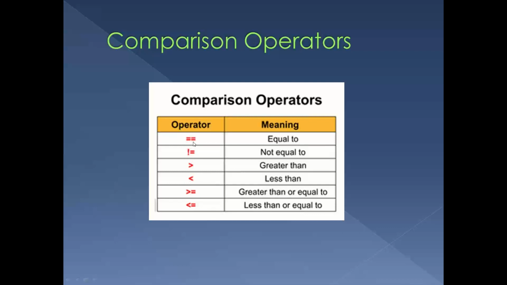Notice that when we did our assignments in the IDE, we used a single equal. Equal is equal to. Not equal to is the exclamation point, the negation symbol, and equal. Then the greater than, the less than, the greater than or equal to, or less than or equal to. We can use all of those.